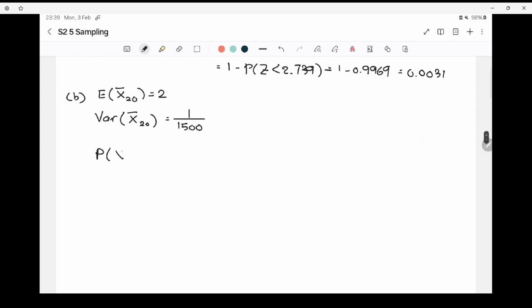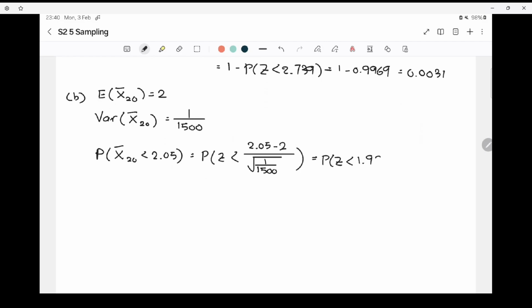So P of x bar 20 smaller than 2.05 would be the same as P of Z smaller than 2.05 minus 2 divided by square root of 1 over 1500. So this is P of Z smaller than 1.936. So refer back to your table, this is 0.9736.